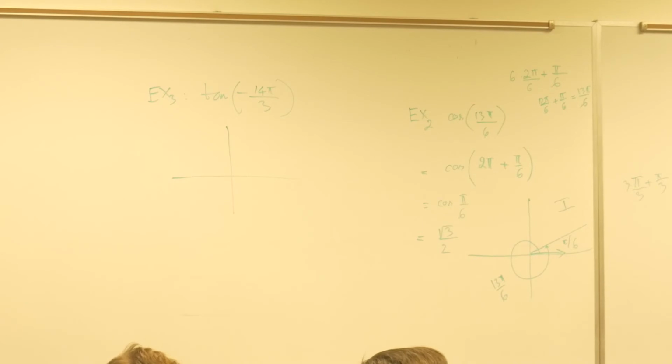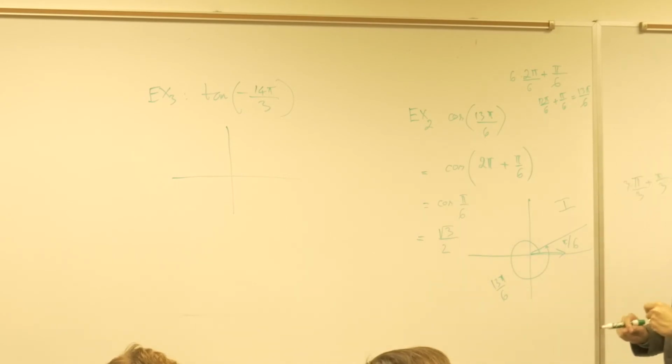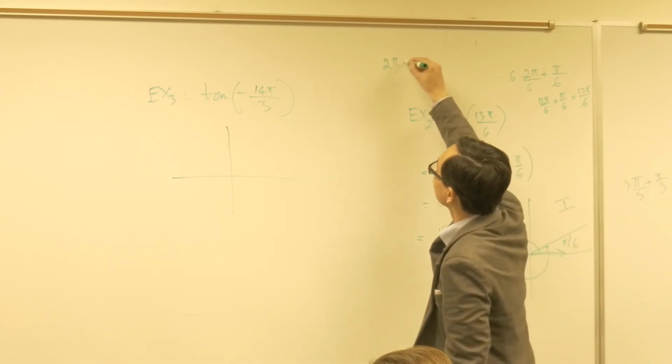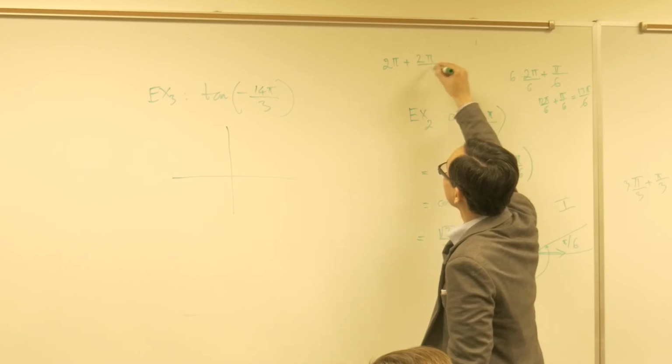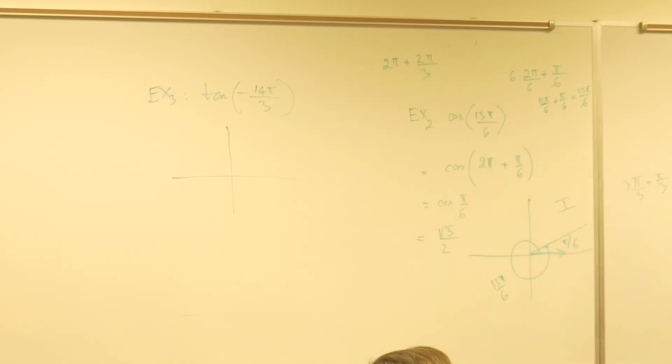2 pi plus 2 pi over 3. Let's see, does that add up to give you 14 pi over 3? Find the least common denominator.